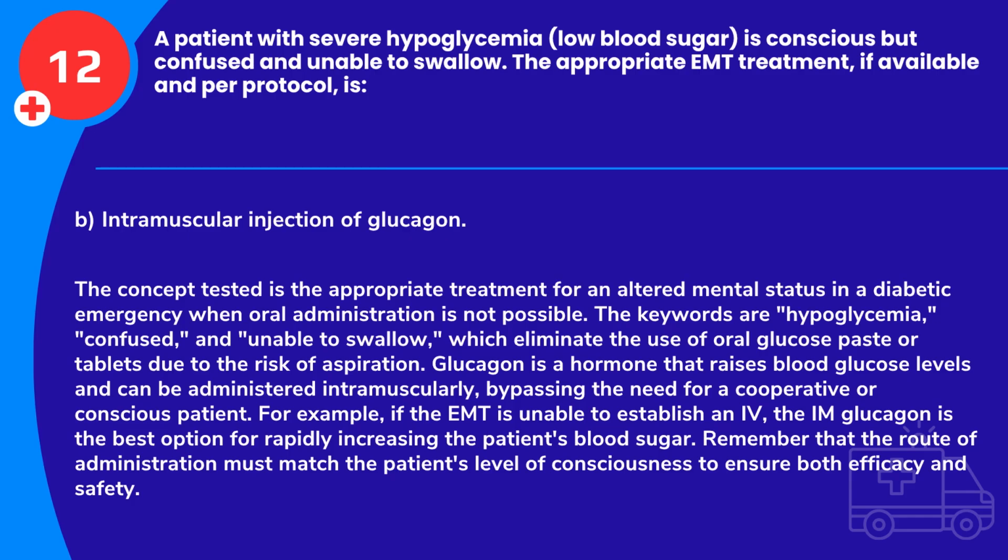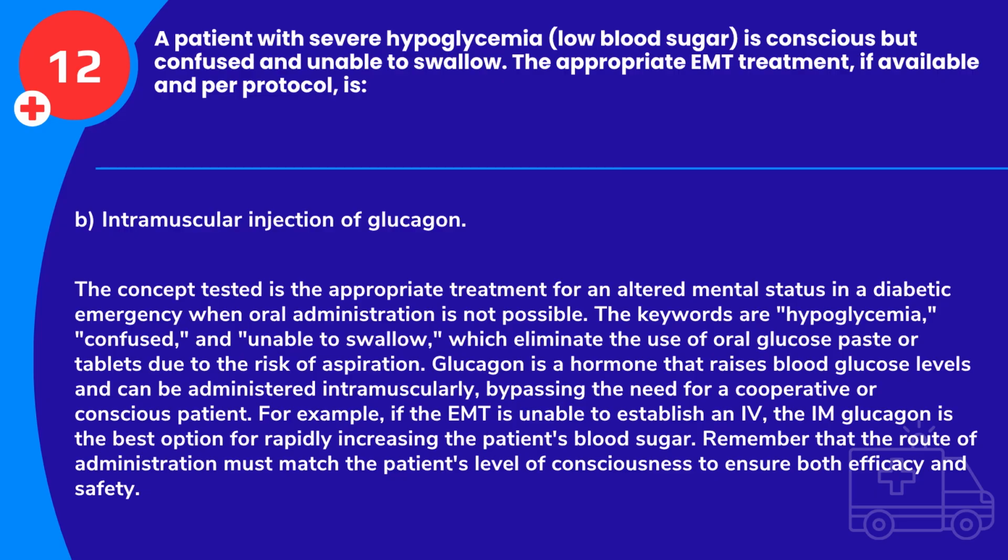The concept tested is the appropriate treatment for an altered mental status in a diabetic emergency when oral administration is not possible. The keywords are hypoglycemia, confused, and unable to swallow, which eliminate the use of oral glucose paste or tablets due to the risk of aspiration.